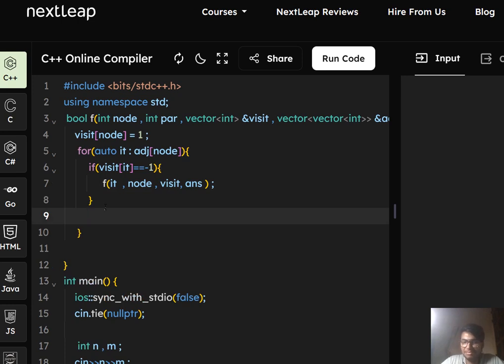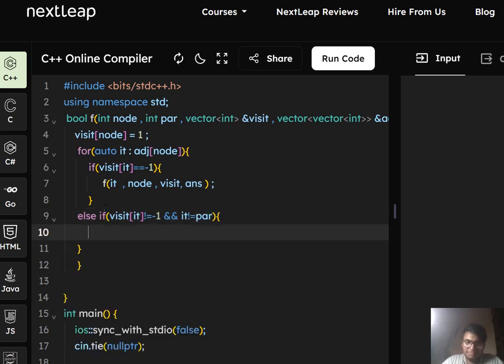If it's already visited and it's not a parent, I'll say if my visited of it is not equal to minus one, it's visited, and if it is also not the parent, then I have to return a true.